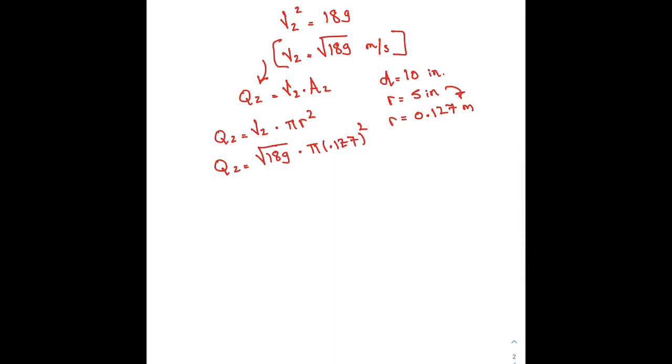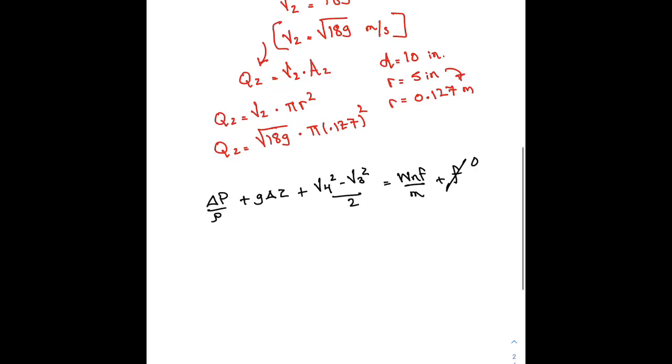And so we can use the exact same equation: change in P over rho, plus G delta Z, plus, in this case, V4 squared minus V3 squared over 2, equals the non-flow work over the mass plus the frictional heating factor. This is the same in this case. We have the same system with the perfectly insulated pipes. This will be 0. But in this case, the change in P will be P4 minus P3.